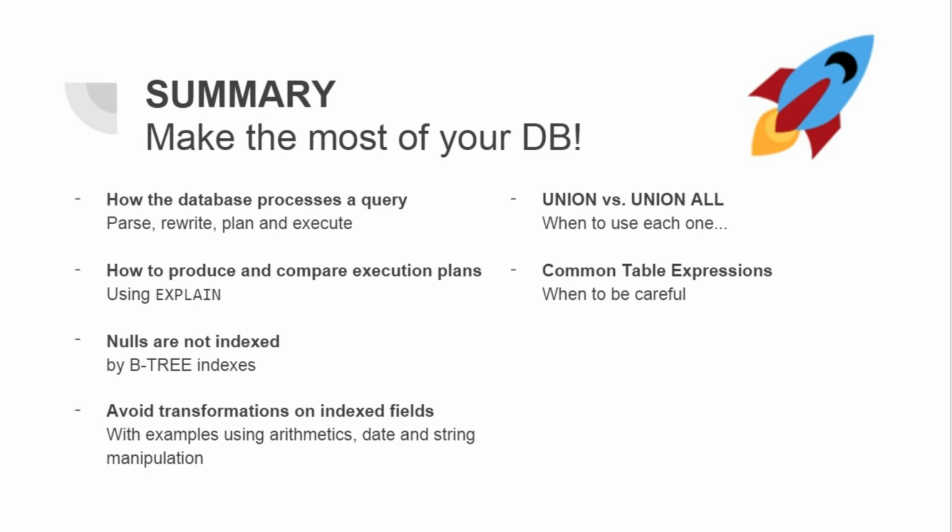So if we can avoid this transformation, we have a better chance of getting better performance from the database. Finally, we talked about union and union all and the difference between them, when to use each one. And we added a quick note about common table expressions in Postgres versions prior to 12.